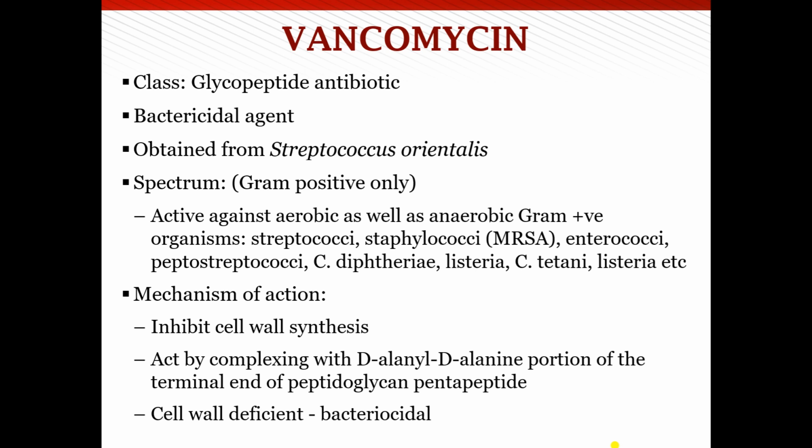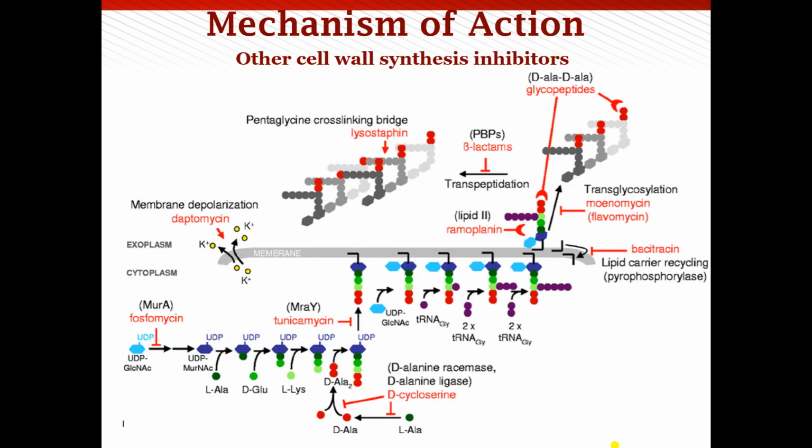Mechanism of action. It inhibits cell wall synthesis, as we all know. It acts by complexing with the D-alanine portion of the terminal end of the peptidoglycan pentapeptide. So ultimately, polymerization of the glycopeptide layer does not take place, a cell wall deficient form of the bacteria is generated, and bactericidal action is produced.